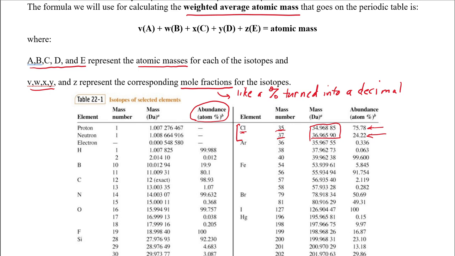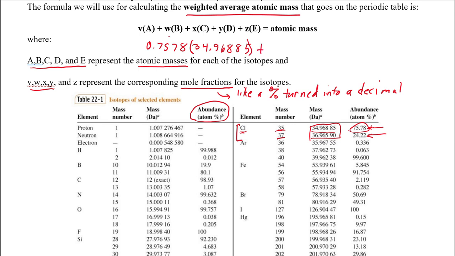So I'm going to do the mole fraction of chlorine 35, which, according to this chart, has a percent abundance of 75.78. So I'm going to put down 0.7578 for the mole fraction, and then I'm going to multiply that by 34.96885.